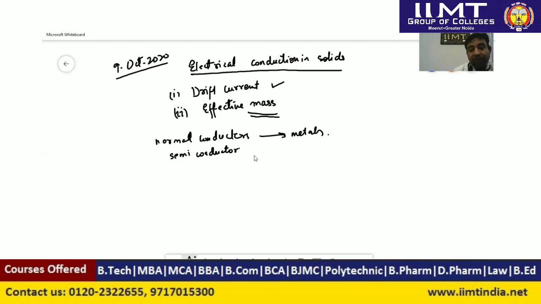What makes this device interesting is that at temperature 0 degree Kelvin, it behaves as an insulator, and at temperature greater than 0 degree Kelvin, it starts to show the property of a conductor.